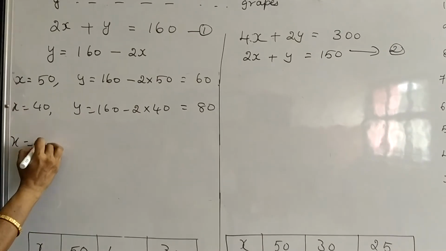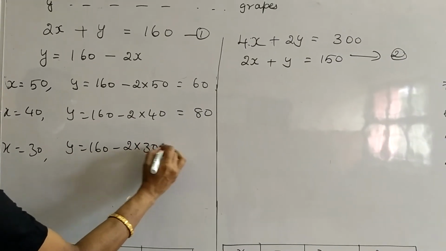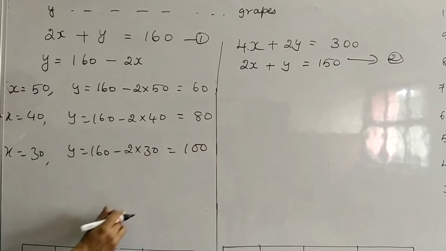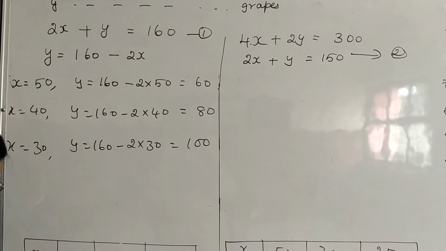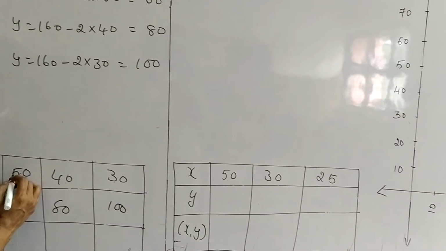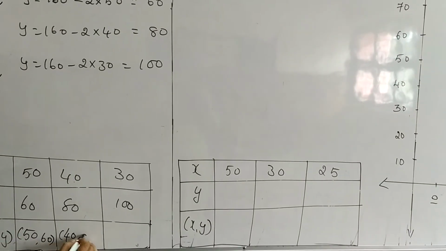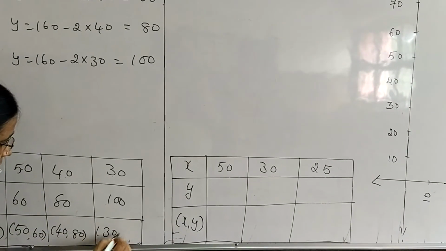Then I take x is equal to 30. Y becomes 160 minus 2 into 30 becomes 100. Therefore, I fill up the values here: 60, 80 and 100. Therefore, the ordered pairs are (50, 60), (40, 80) and (30, 100).